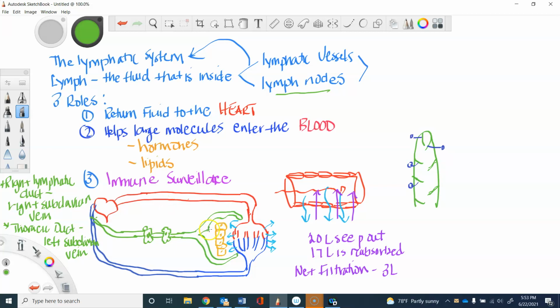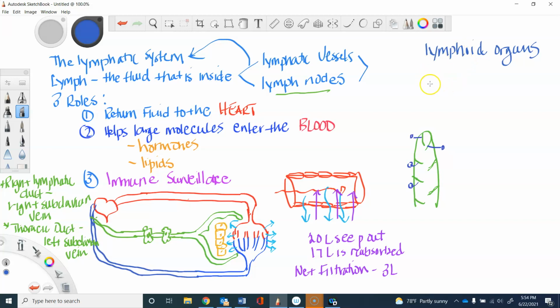All right, the lymphatic system is made up of lymphoid organs, and these organs are there to help deal with the yucky things that are coming through in the lymph.